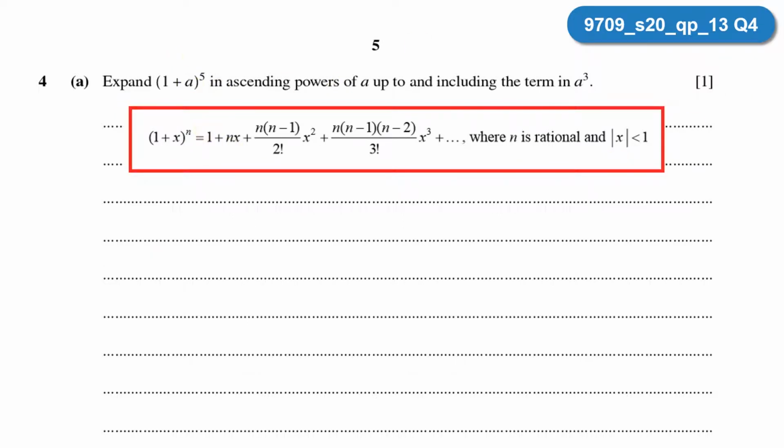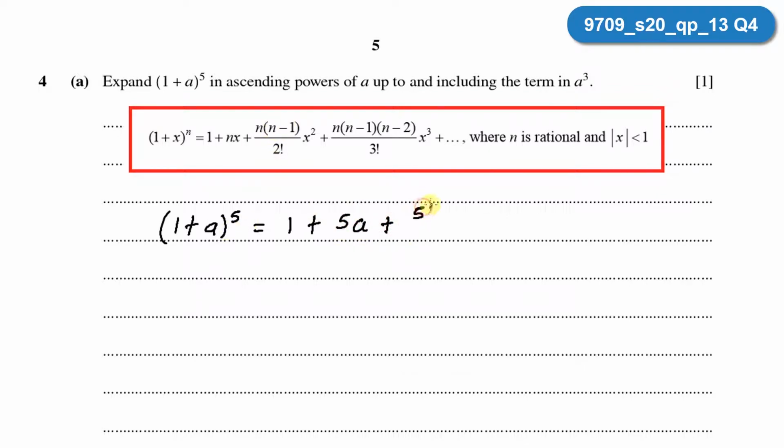So I'll say, since we have 1 plus a to the power of 5, so it's 1 plus a to the power of n is equal to 1 plus nx going all the way. So I'll say 1 plus a to the power of 5 is equal to 1 plus nx. So that would be 5 of a plus n of n minus 1.